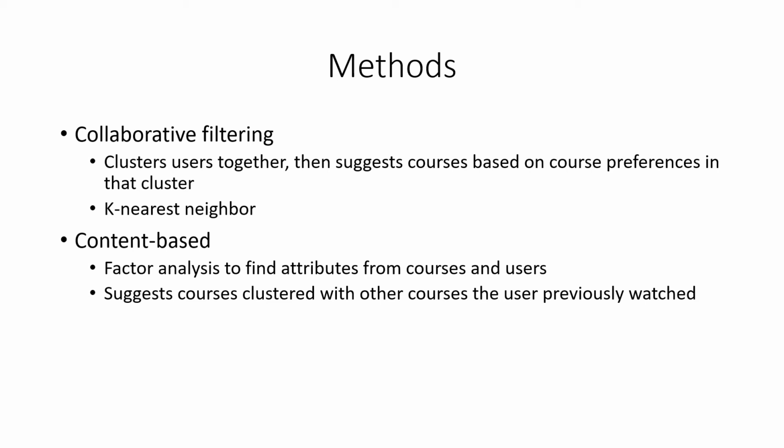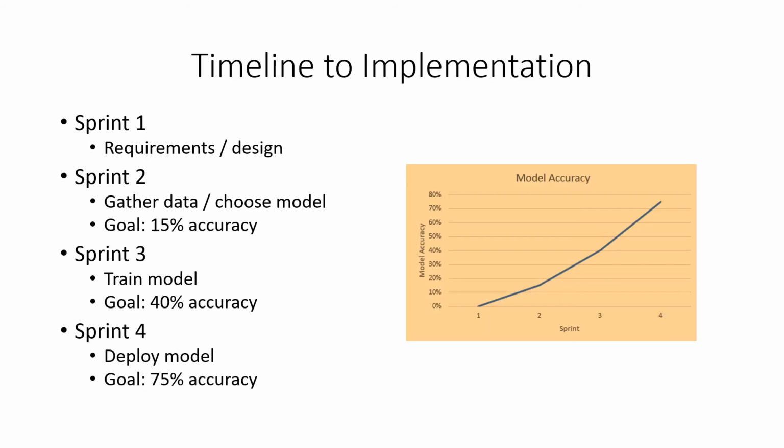To say that differently, if I've previously watched a bunch of sexual harassment videos, it's going to look at those courses that I've watched and recommend courses like that, as opposed to the collaborative filtering, which clusters me with other users and then recommends courses that those other users would like. So I hope that makes sense.